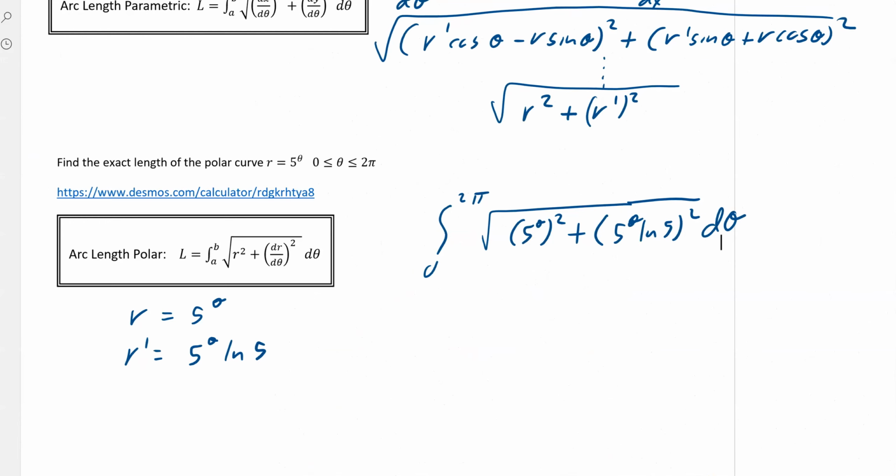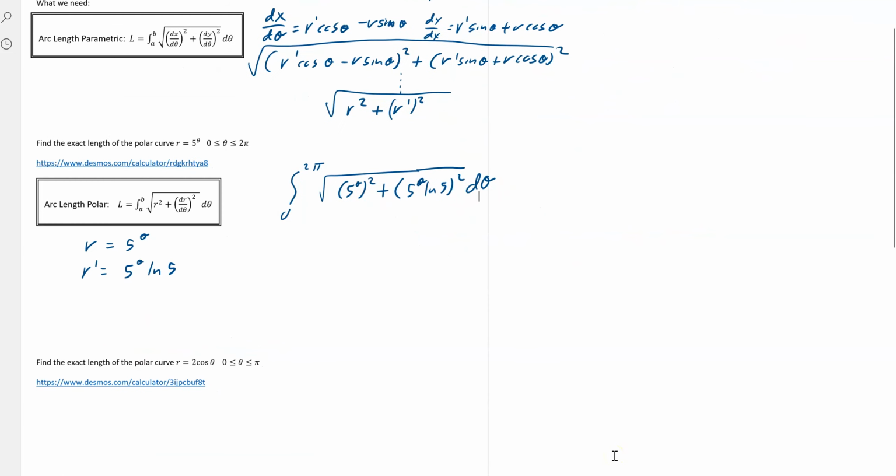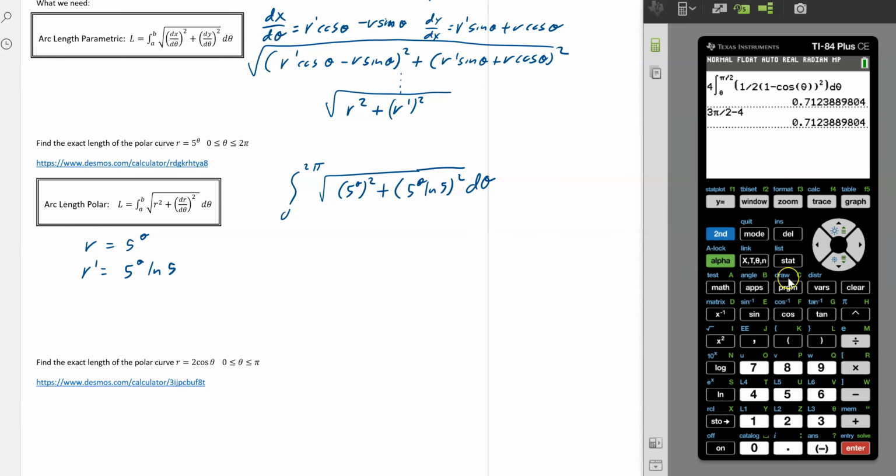So if we take it now and we plug this in our calculator, we go math 9, 0 to 2 pi. And I know it says exact, but we're going to do an approximate for this one and an exact for that one. 2 pi. That's not pi, that's theta. 2 pi, second square root, and then inside we put parenthesis, and then 5 to the power of theta.